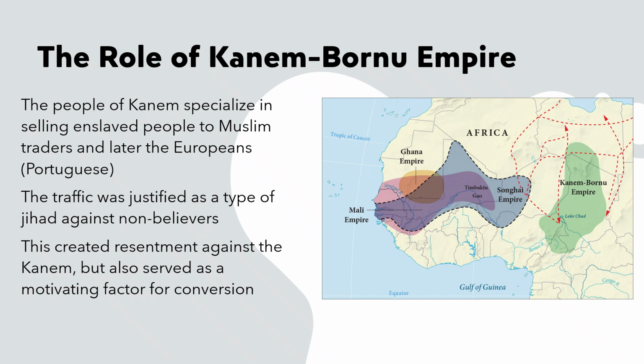But this trade also required a constant state of warfare and conflict, because you were taking humans from your enemies or the people you were warring with, which had the effect of destabilizing certain regions in Africa, particularly around the central Sudan.